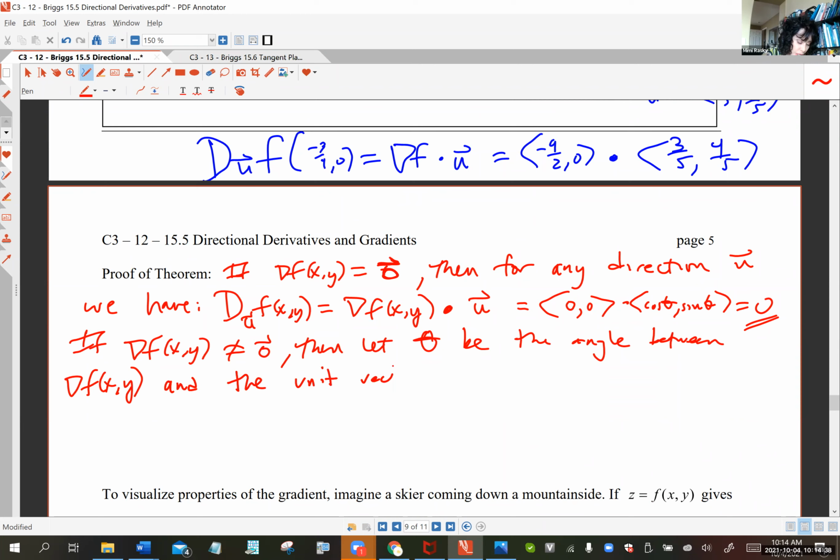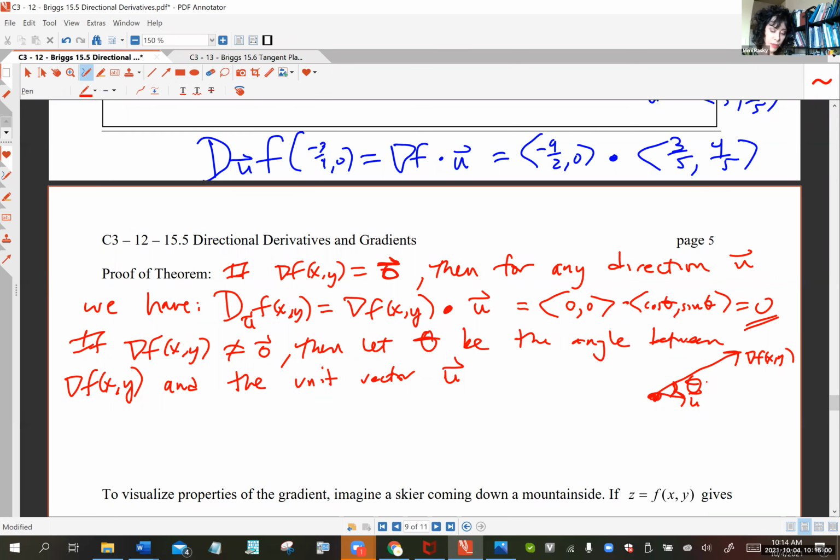Now, you remember when you have two vectors and you're trying to calculate the angle between them? I'll just make a little picture. Let's say your unit vector was pointing that way. And let's say your del f was pointing way over here. And then we want to talk about theta, the angle between them.